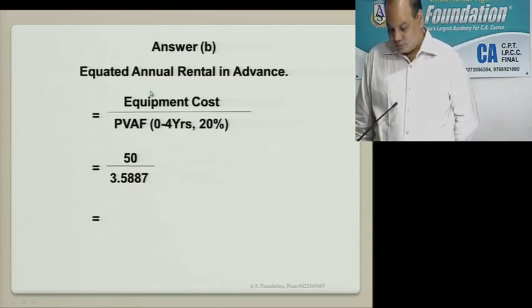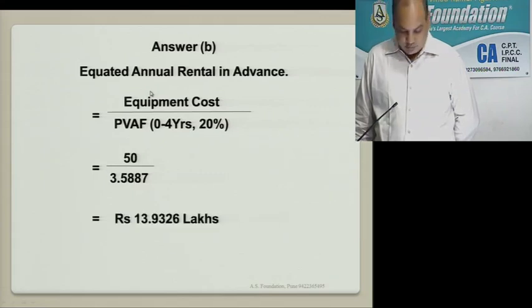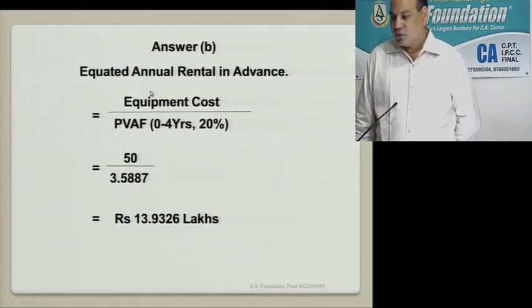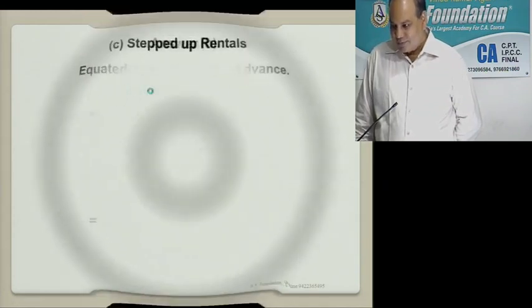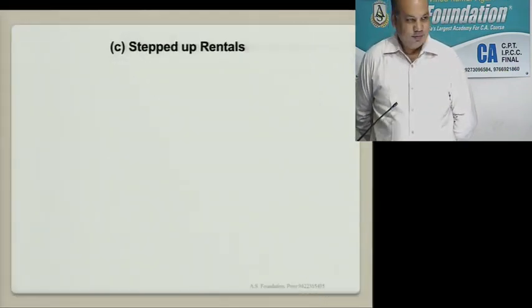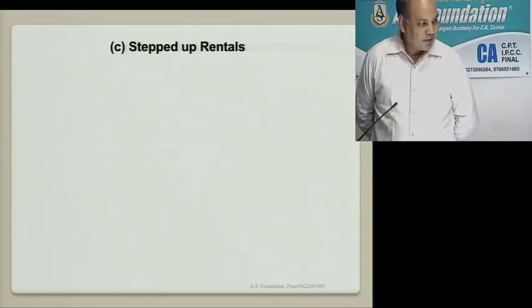Answer 13.9326 lakh. Take the answer, it was your homework. You should have done it, but you don't take any efforts to try. But some of you have done, that's good.